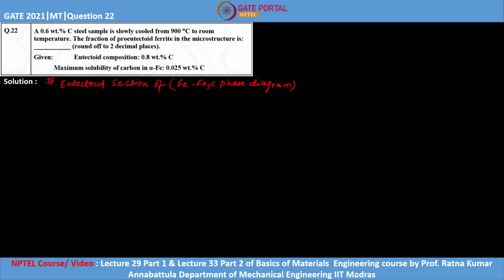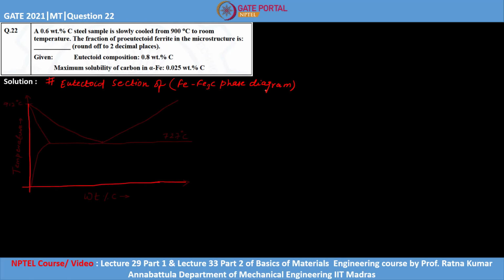So to solve this, let us first focus on the eutectoid section of our iron cementite phase diagram. This diagram is basically plotted between temperature versus weight% carbon. So it will be looking like this.